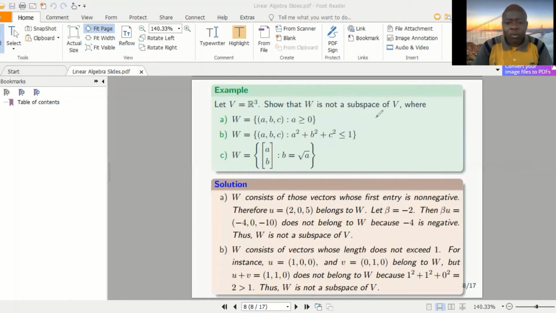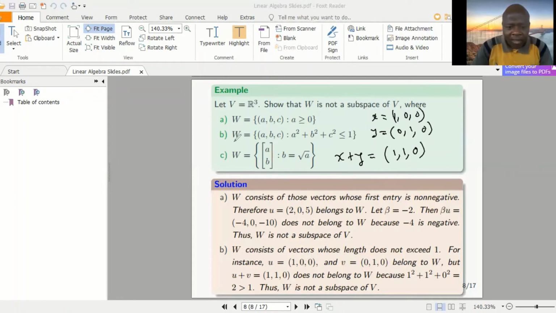So I want to take X as 1, 0, 0, and Y as 0, 1, 0, and find the sum. The sum will be 1, 1, 0.